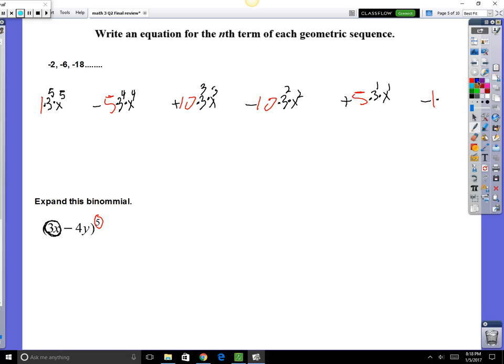And then you start from the right and work your way left with the second one. So it's going to be times 4 to the 5th y to the 5th.